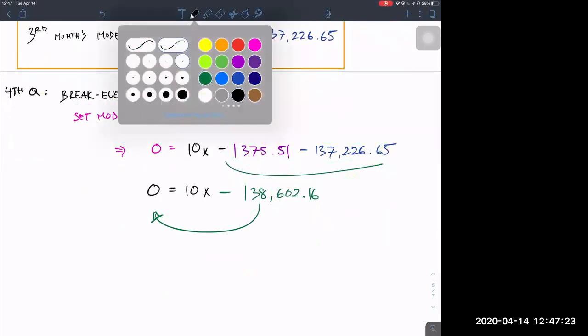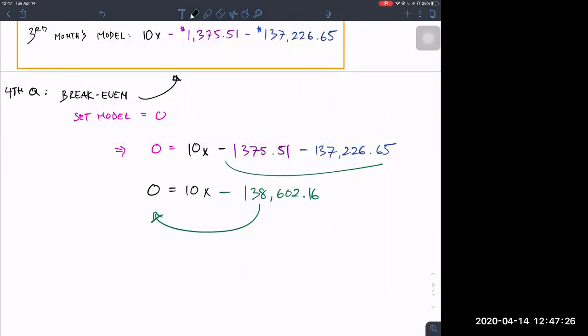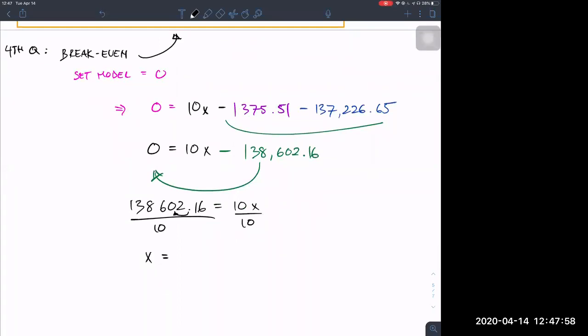So 138,602.16 equals 10x. To divide by 10 is the same thing as moving the decimal place to the left by 1. That's what it means. So now our x equals what?